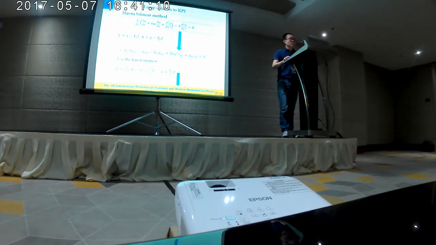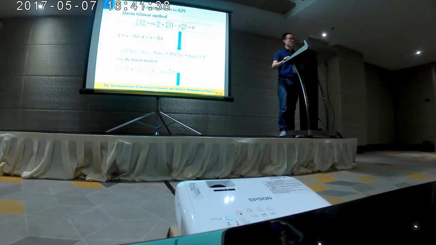Following the work of Professor Wen-Xiu Ma and others, we solve the KP1 equation by the bilinear method. First, we use the traveling wave transformation where Vx and Vy are constant. Then the KP1 equation is easy to convert to this equation.